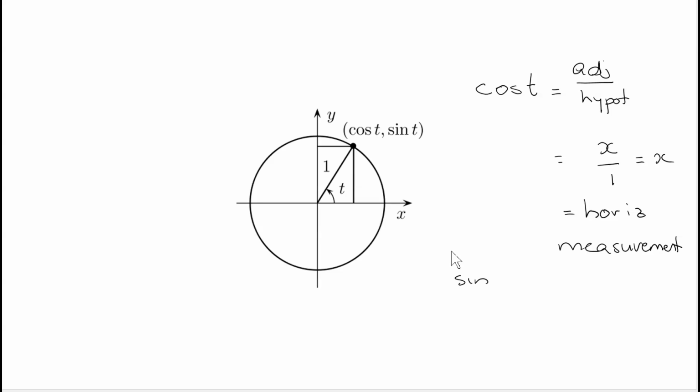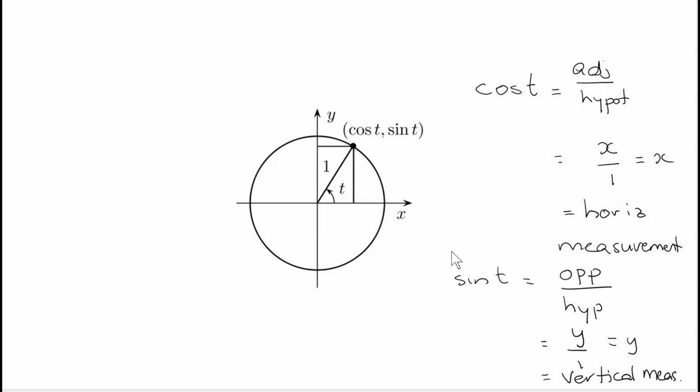And the sine of t is equal to the opposite over the hypotenuse, which is y, and again our hypotenuse is 1, so it's the vertical measure. So we could just take a ruler and measure that, possibly not very accurately, but we could.